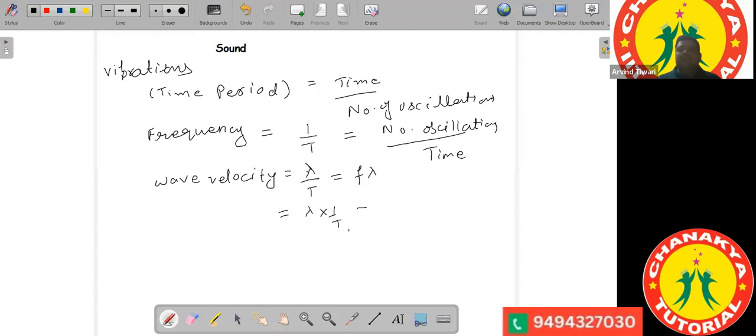So it can be written as lambda into frequency, the same formula. So wave velocity v is equal to lambda by T, which is f lambda, where f stands for the frequency of the wave.